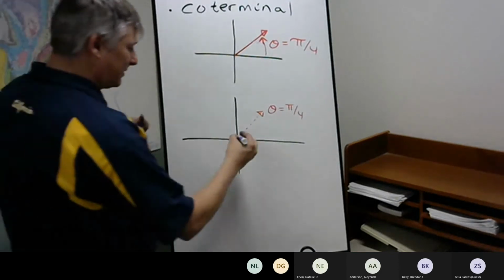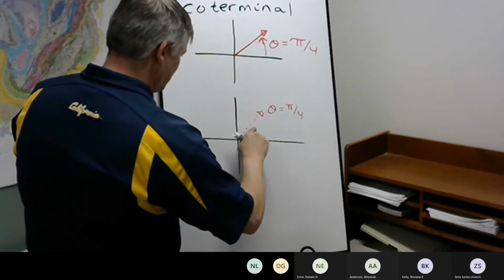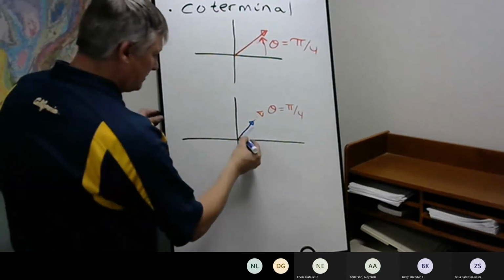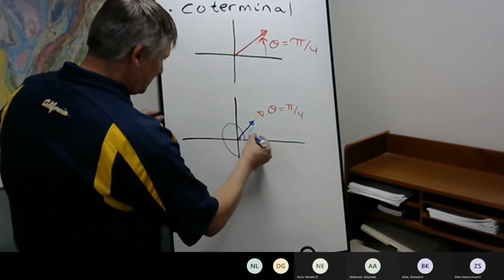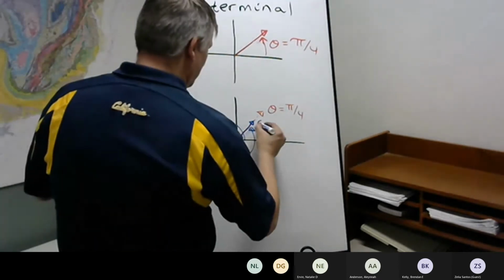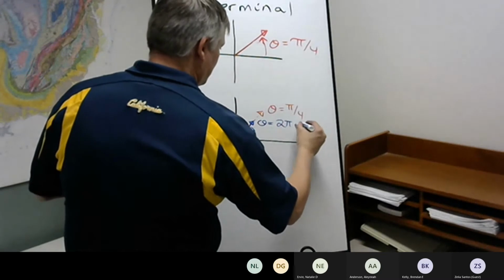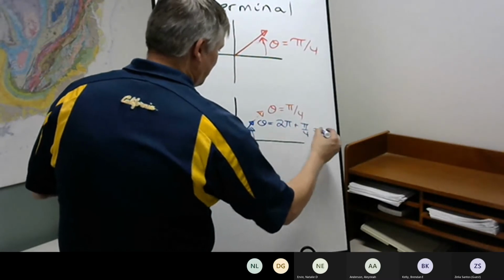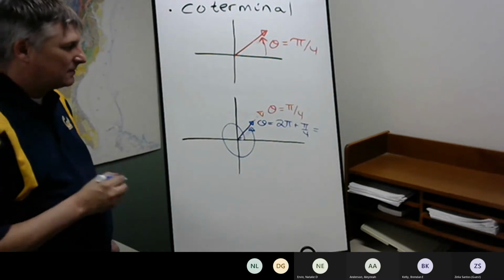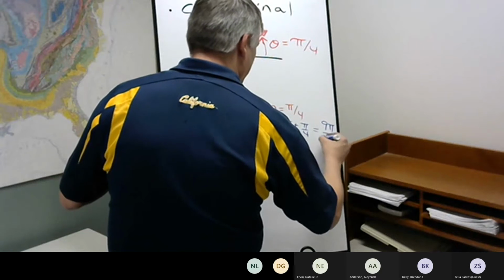And let's say we have another one. But this one goes around once and then stops. So theta will be 2 pi plus pi over 4, which will be 9 pi over 4.